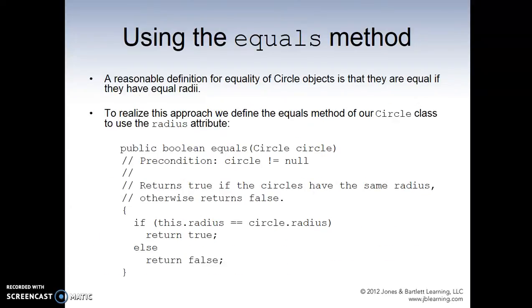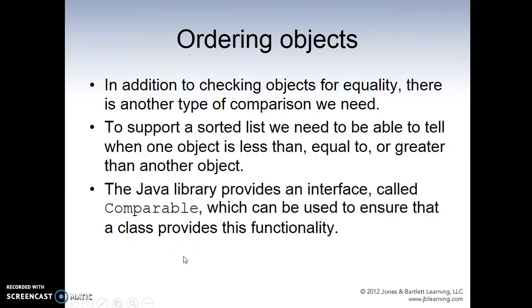An example of how to implement the equals method in the circle class: pretty much just comparing the radius. The object has many attributes you can compare, so in this case, we pick the radius to compare. Return true when they're equal, otherwise false.